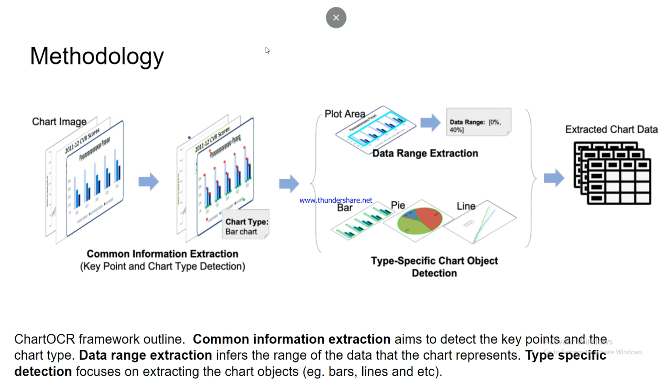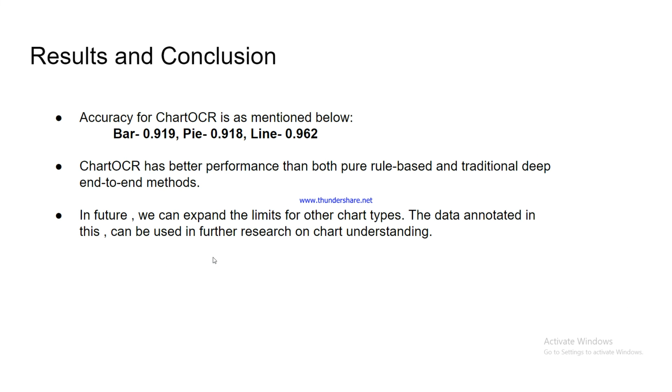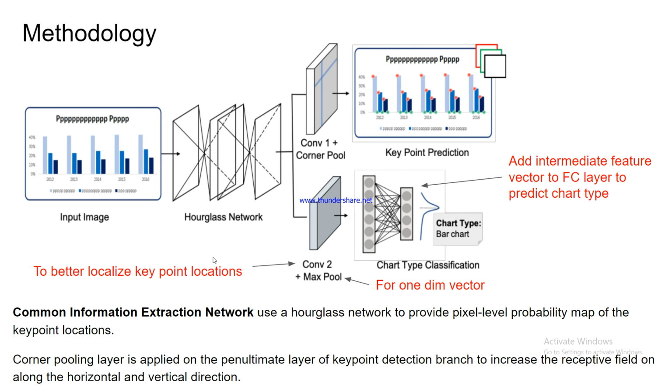This common information extraction approach is quite interesting. The network uses an hourglass network to provide the pixel-level probability map of the key point locations.